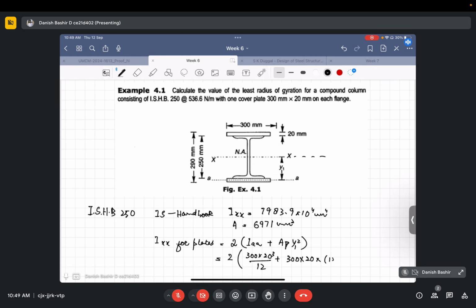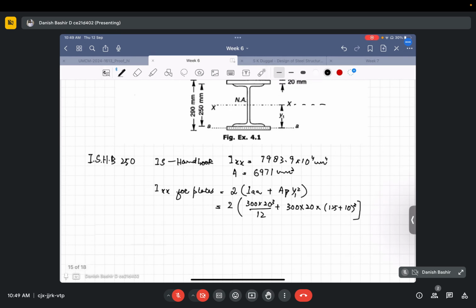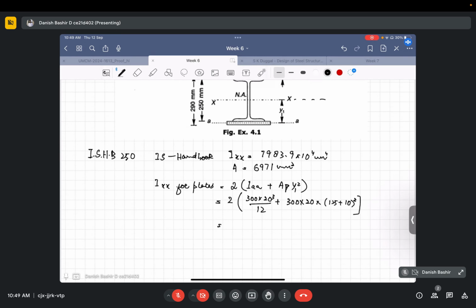It will be 125 plus 10, half of this, over whole square. Once we calculate this, we will get IXX for plates equal to 21910 into 10 power 4 mm power 4.